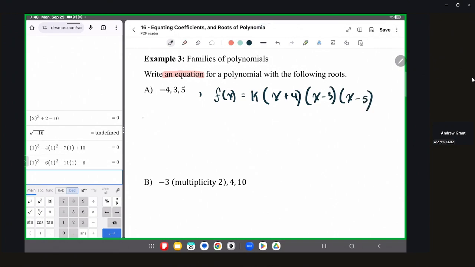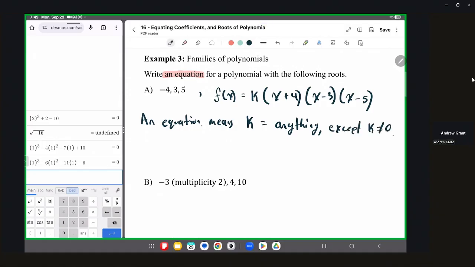So since we need an equation, k can equal anything except k cannot equal 0.